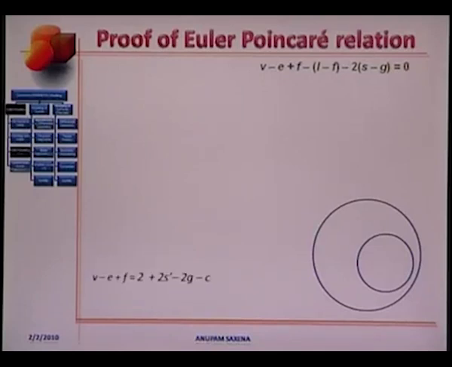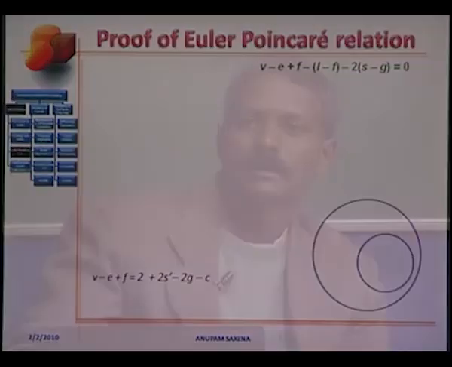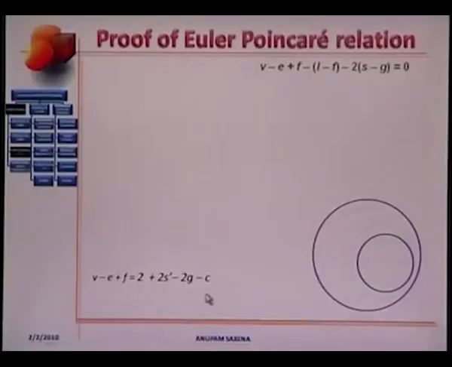I can combine the previous relation with this one and have a more general formula as V minus E plus F equals 2 plus 2 S prime minus 2 times G minus C. These are the terms that I get from previous smooth solids.